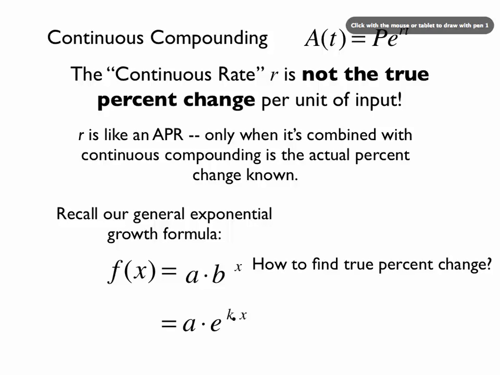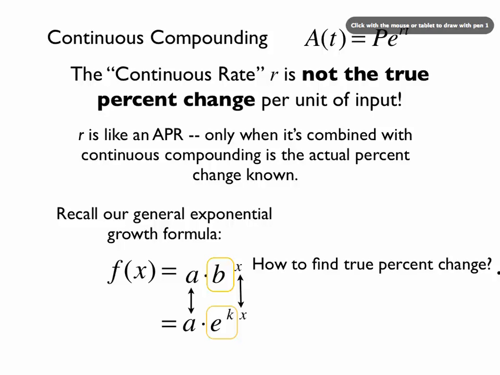Not sure. Nadine? e to the kx. Not quite. Taz? Which is the same as? B. Okay, so the A's are the same, the x's are the same, which leaves B is e to the k, and that's our key. B is our link to true percent change.